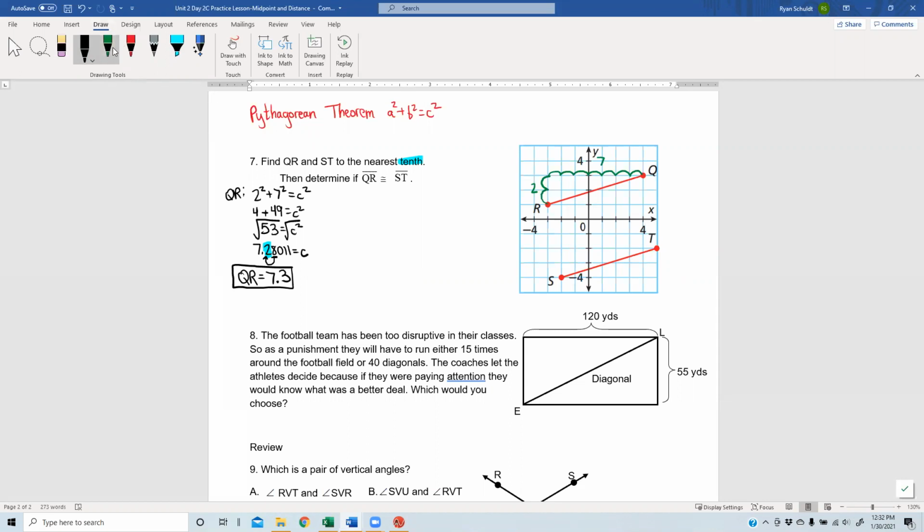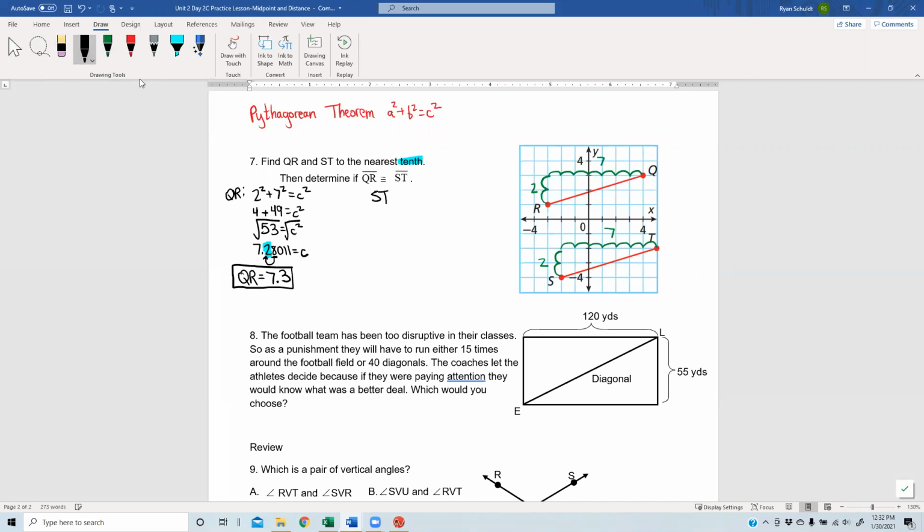Now, let's turn our focus to ST. What happens on ST? We go up 1, 2, and we go over 1, 2, 3, 4, 5, 6, 7. I think something's going on here.